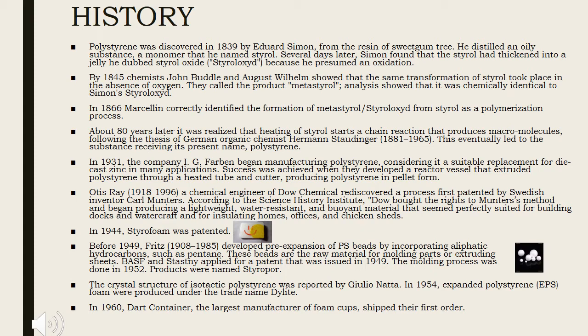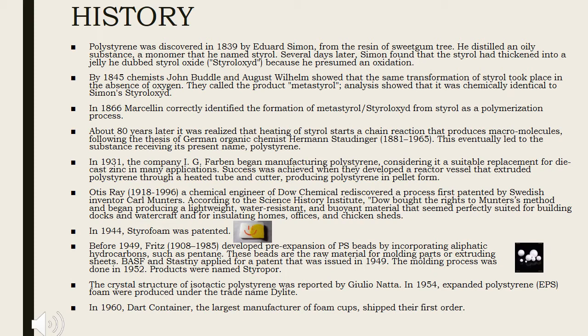These beads are used as raw material for molding parts or extruding sheets. The molding process was done in 1952. Products were named styropor. The crystal structure of isotactic polystyrene was reported by Giulio Natta.